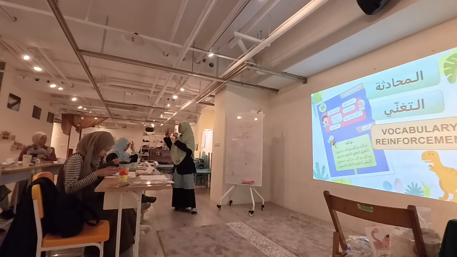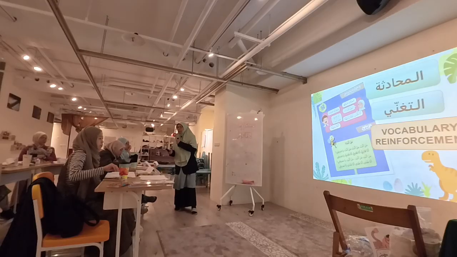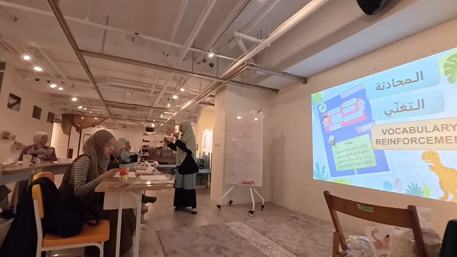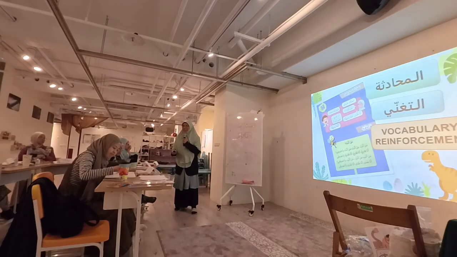So in one book there will be 12 dialogues. In 3 books there will be 36 dialogues, right? 12 times 3. So after 3 years, if the children don't speak Arabic using this book, there's something wrong.